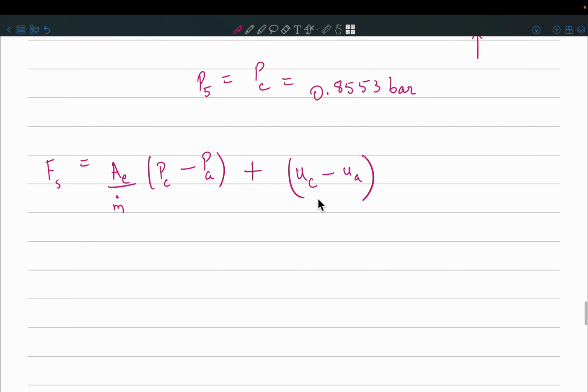Now we need to find these values. We have PC and PA, we need to find UC and UA. So how can you find it?